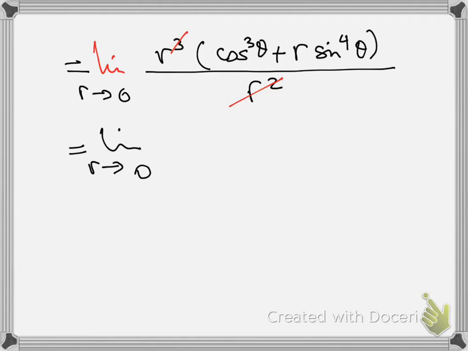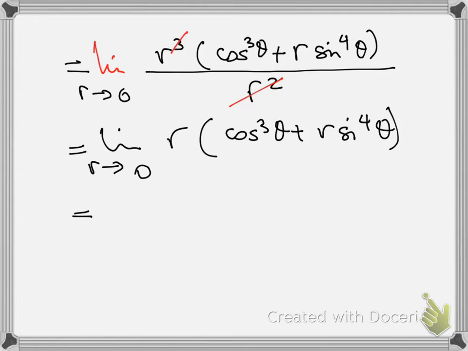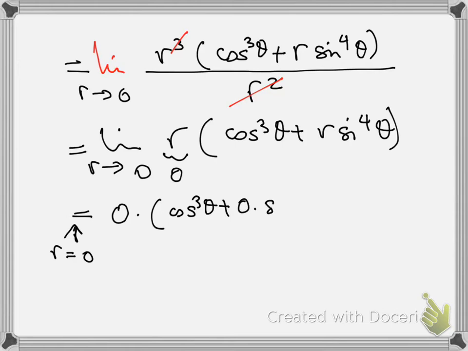So that's the limit as r goes to 0 of r times cosine cubed theta plus r sine to the 4 theta. As r goes to 0, just replace r by 0. So that will be 0 times cosine cubed theta plus 0 times sine to the 4 theta. So it's going to be equal to 0.